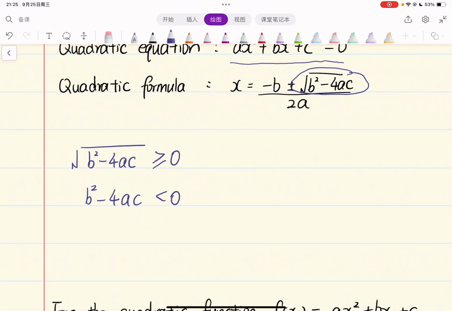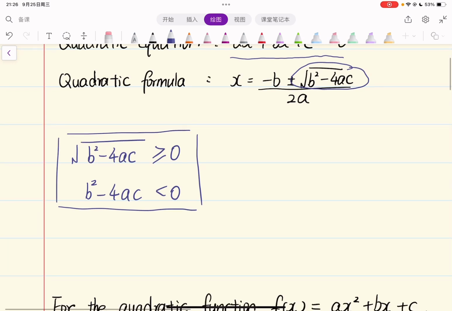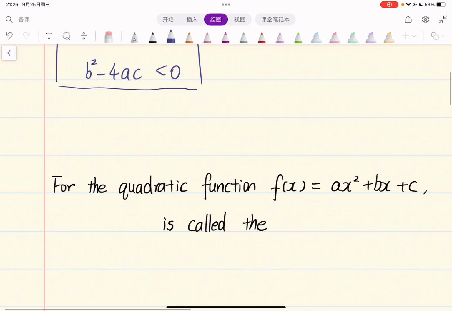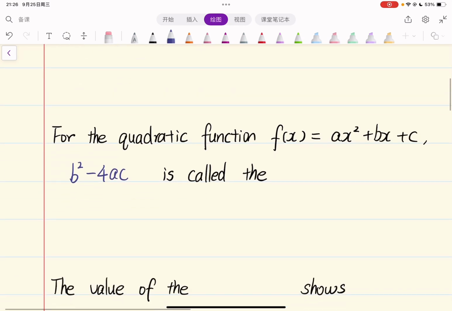Well, when we think about this, it is relevant to the number of solutions. So, let me talk about the quadratic function f(x) equals ax squared plus bx plus c. b squared minus 4ac, which is what we take the square root of, is called the discriminant.